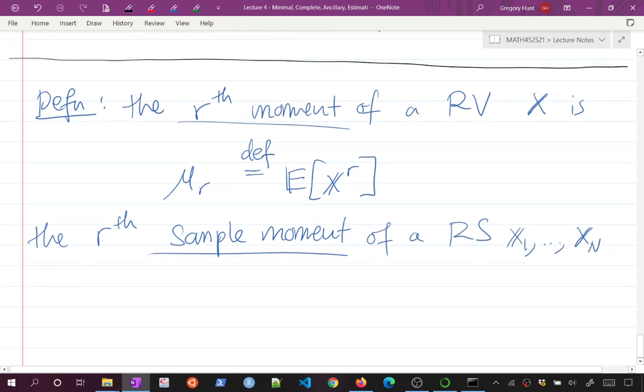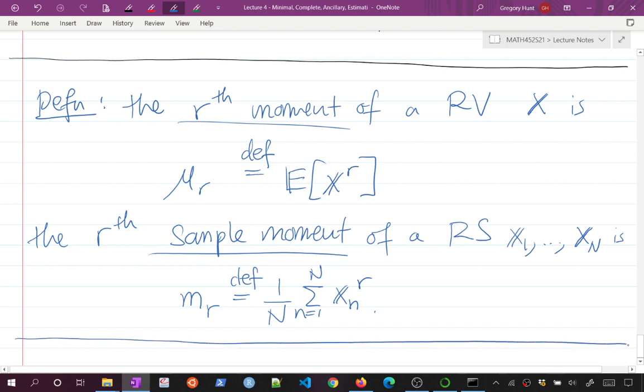The rth sample moment of this random sample, let's call it m sub r instead of mu sub r, is going to be defined as the average value of the rth power of our samples.